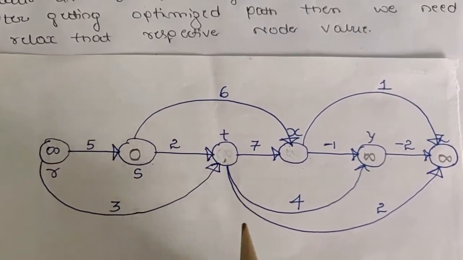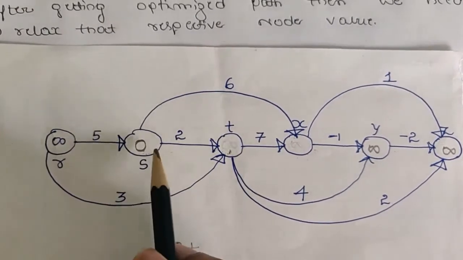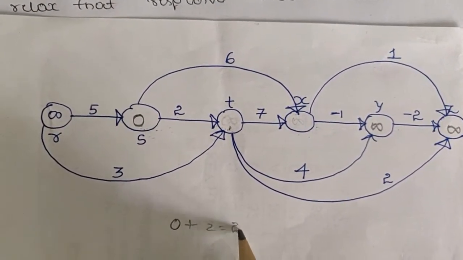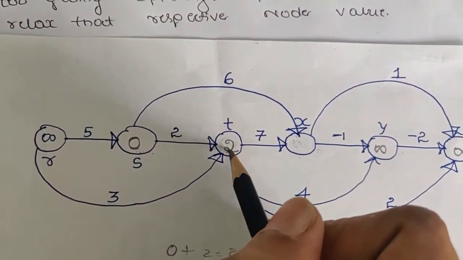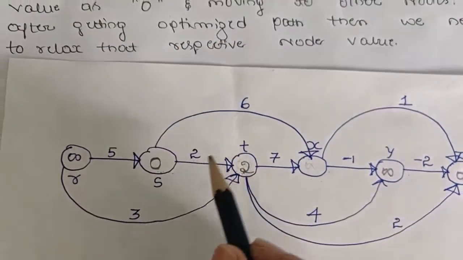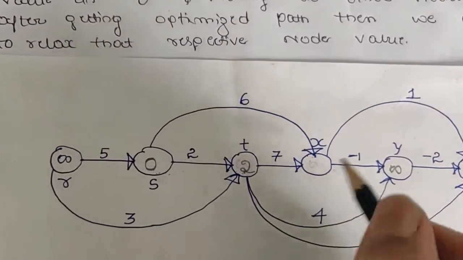That is, the S value is 0 plus the S to T value of 2, so that will be 2. So this node value will be 2. 2 is better than infinity, so we are fixing the T value as 2 now. Now we are going from S to X. 0 plus 6 is 6.